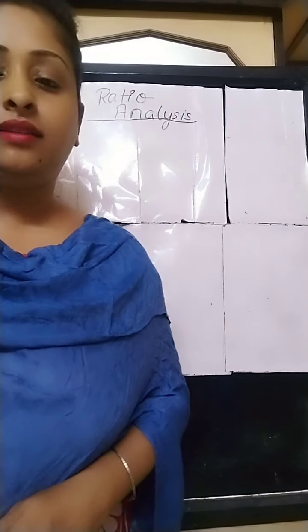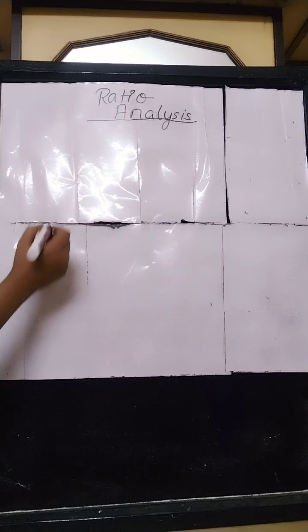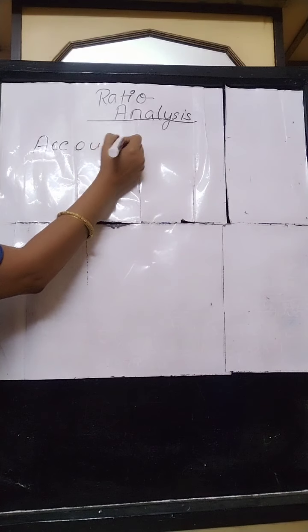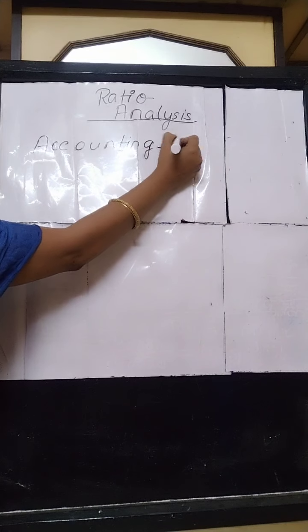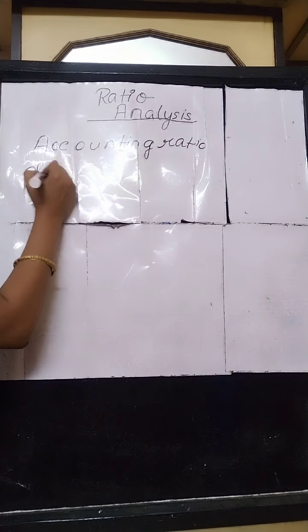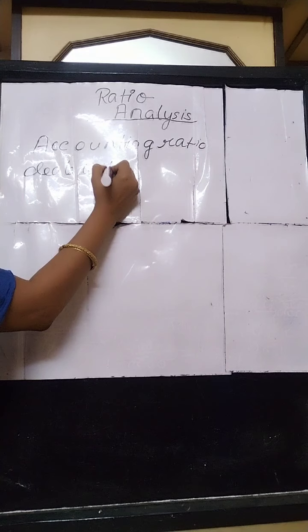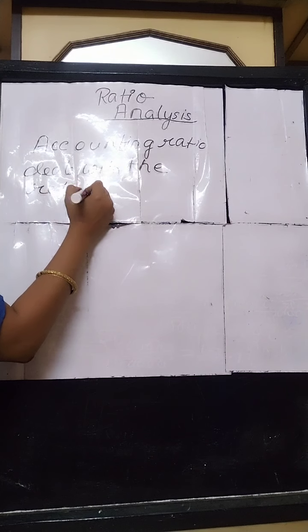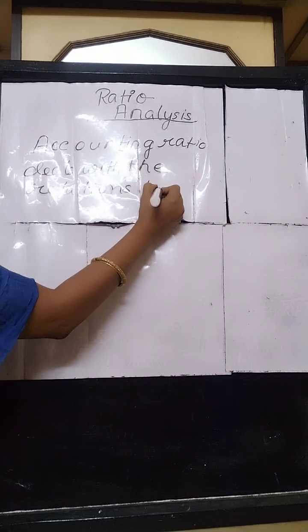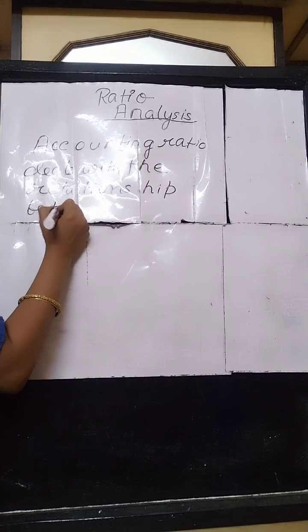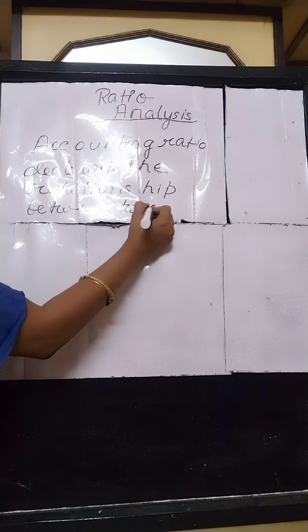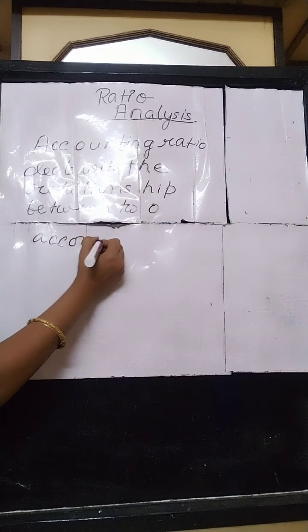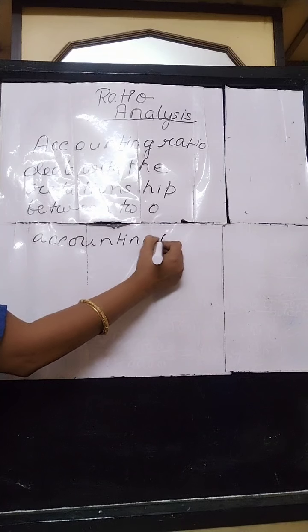First, you write the definition. The definition of accounting ratio is, it is the ratio of two accounting data. Accounting ratio deals with the relationship between two accounting figures.